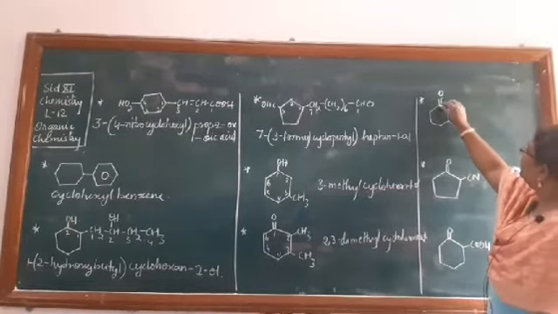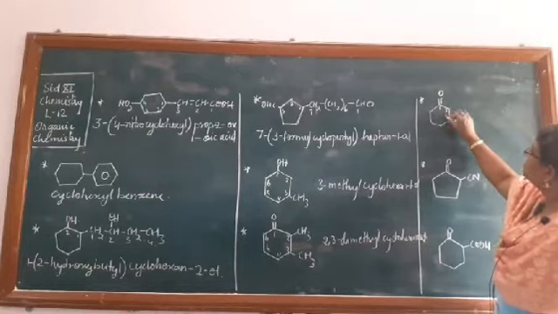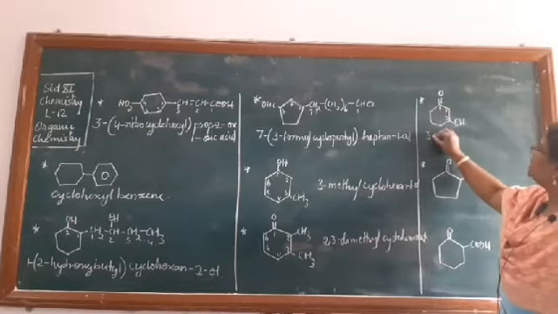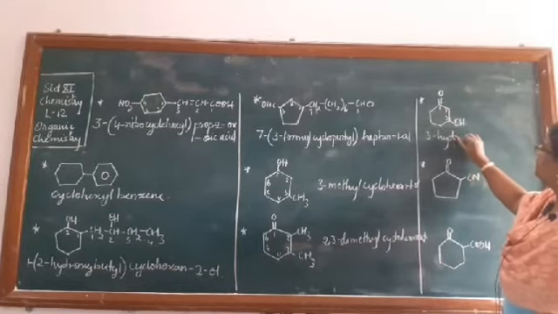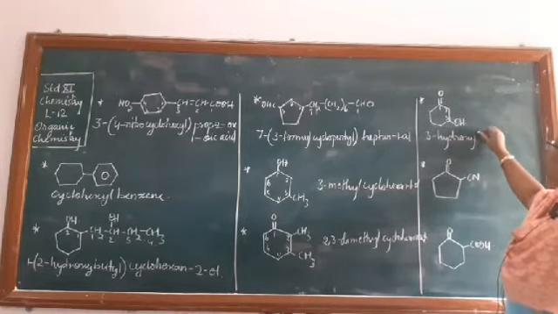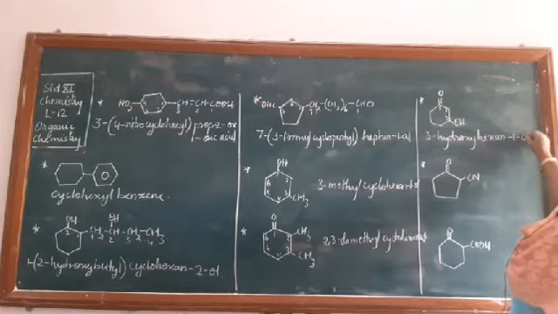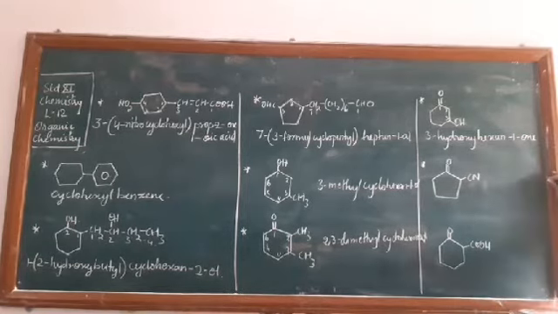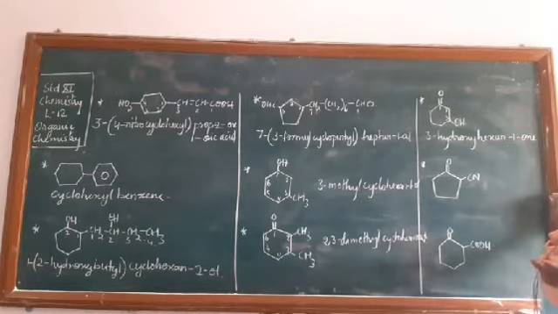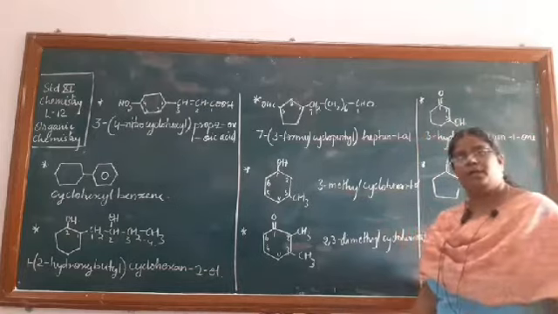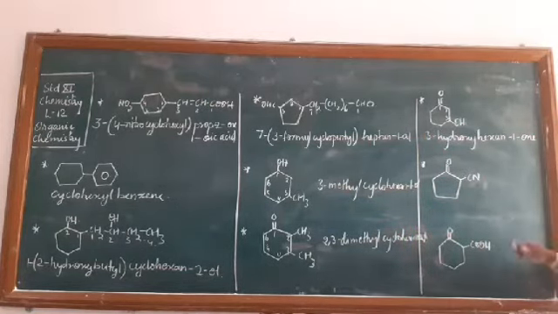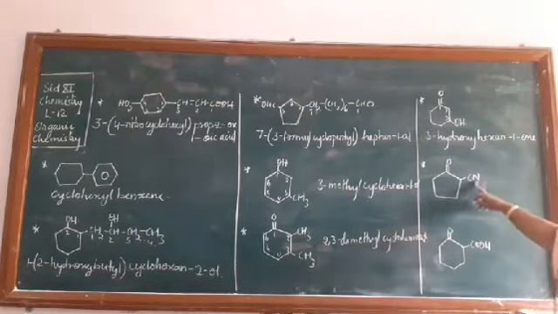So if I number this as 1, this is 2, this is 3, it is 3-hydroxyhexan-1-one. When OH is a substituent, what prefix name will we give? Hydroxy. If it is CHO, then we give the name formyl.